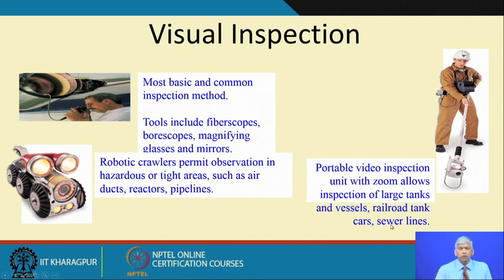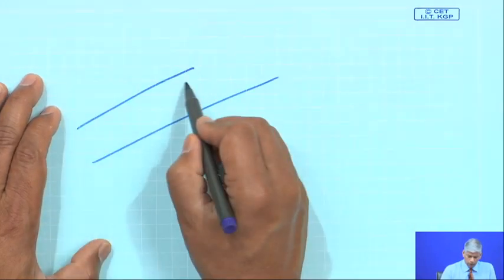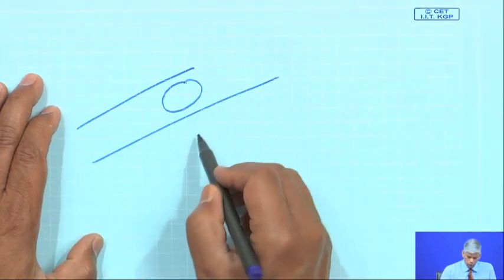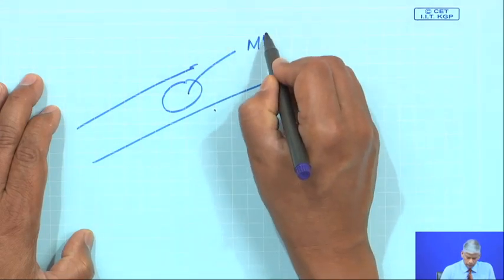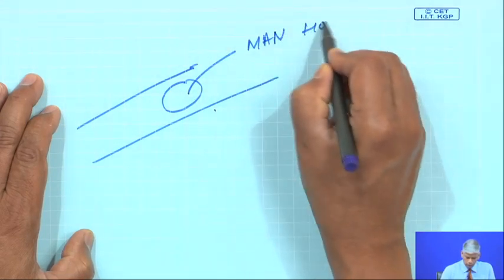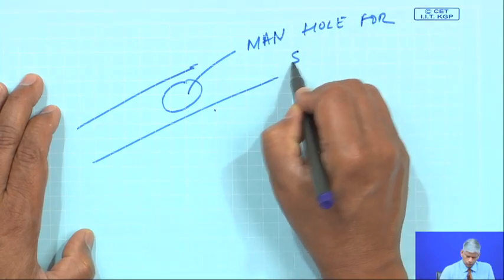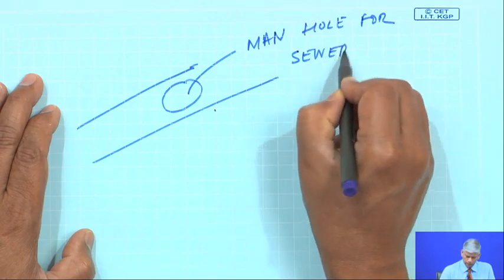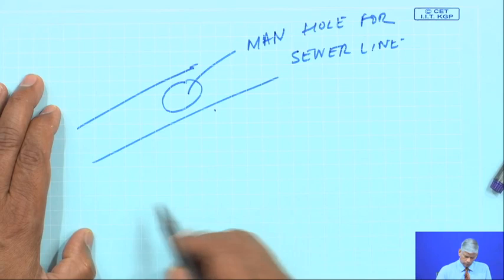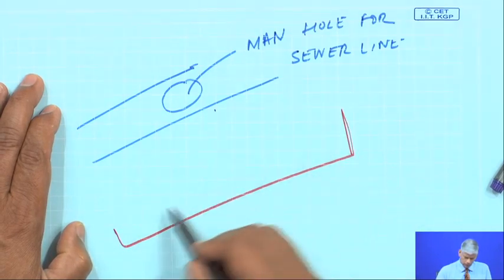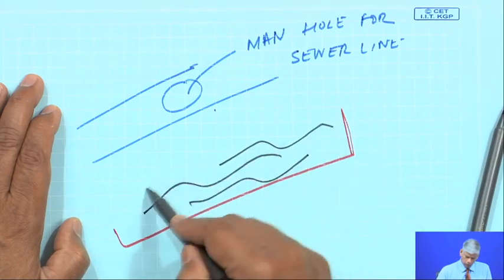You would have heard many times of accidents when the crew goes into the manhole for a sewer line, where there is a big drain with sewage.